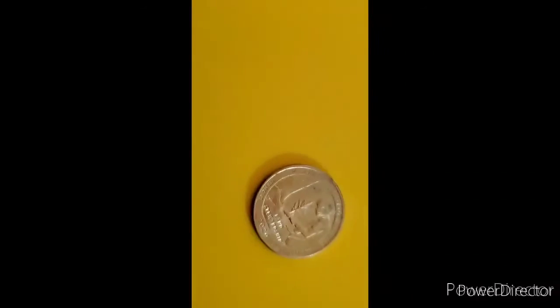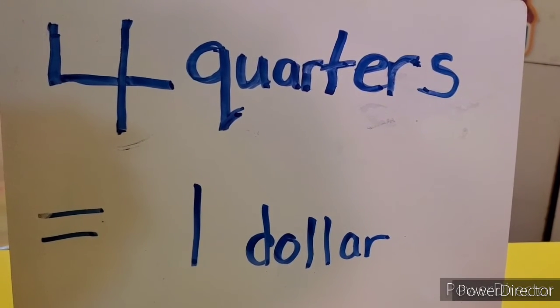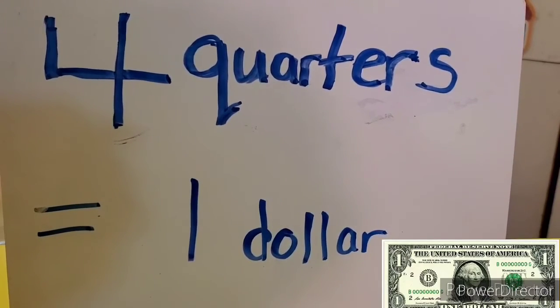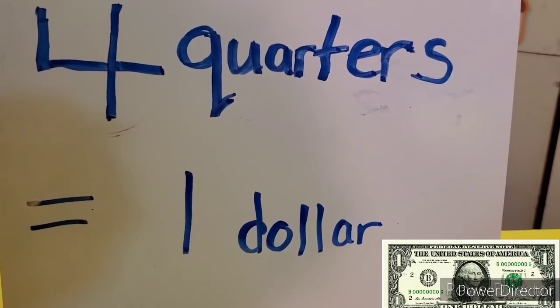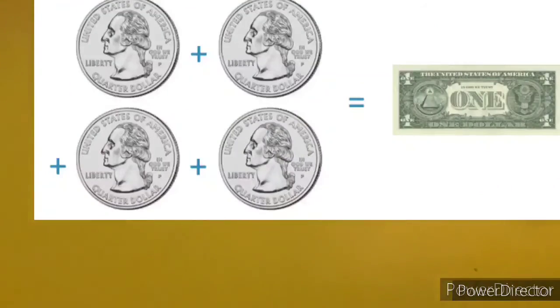Now, 4 quarters equal $1, remember? So let's count by 25s. This is really weird. All right, 25, 50, 75, 100. That's too easy. Let's try it again.